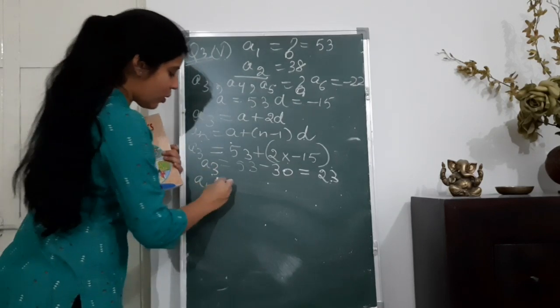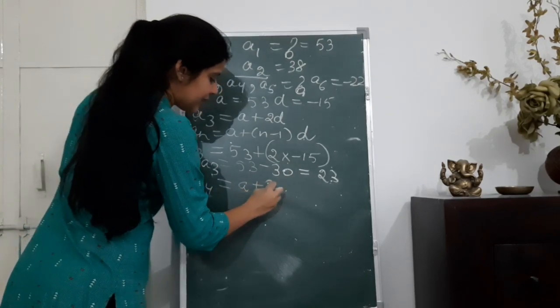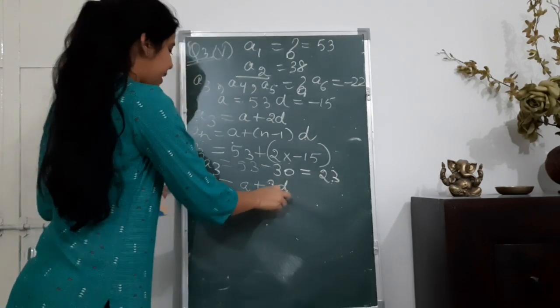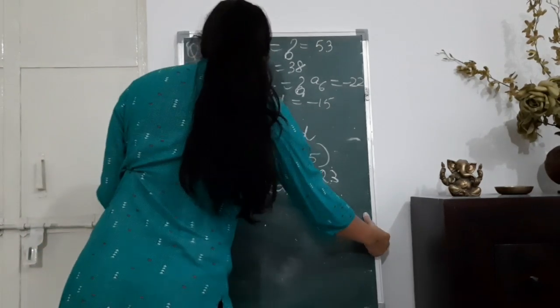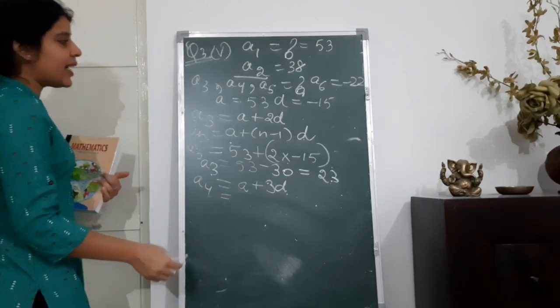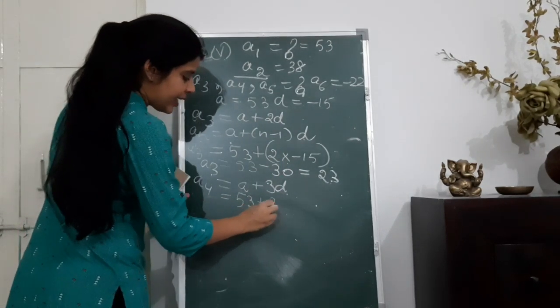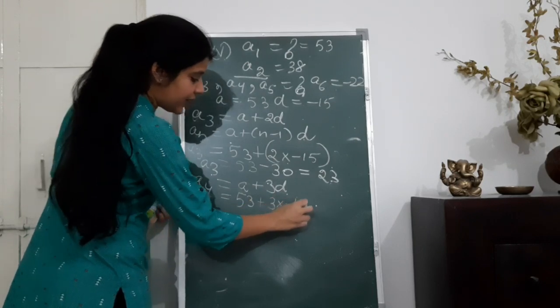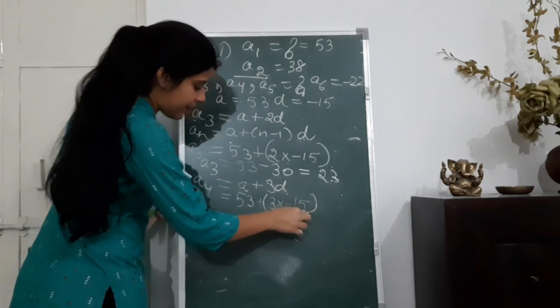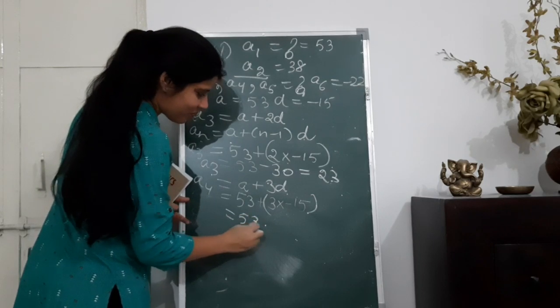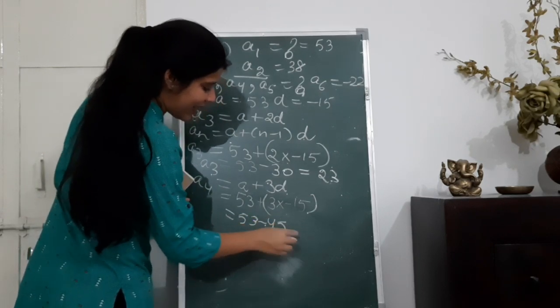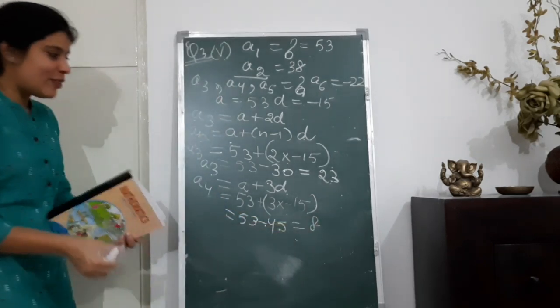A4 will be equal to what? A plus 3D. Right? If I put N as 4 here, I will get A4 is A plus 3D. A is what? 53. And D is again minus 15. 53 minus 45 is equal to nothing but 8. Right?